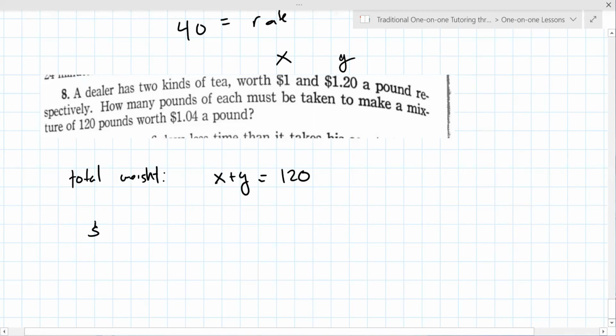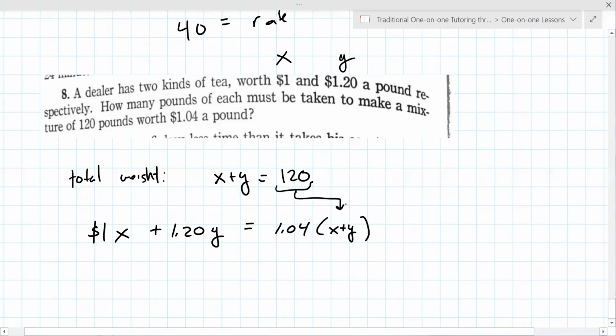So you have $1 times X plus 1.2 times Y equals 1.04 times X plus Y. But what is X plus Y? It's 120. You follow that? Yeah, I do. Okay, so this is X plus 1.2Y equals 1.04 times 120.